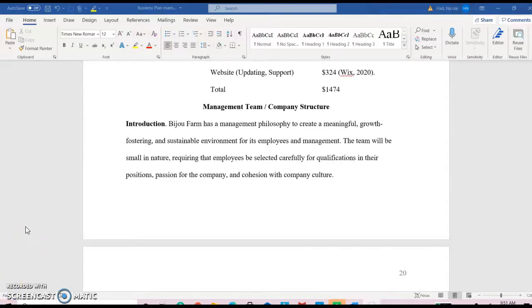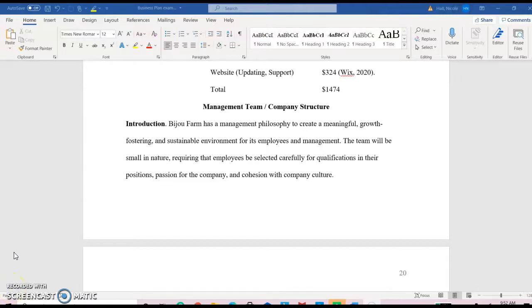So for the management team and company structure, remember, business is about people first and everything else second. Strategies, processes, structures, and systems are only as good as the people implementing them. Good ideas never succeed on their own. It's the people that drive them.